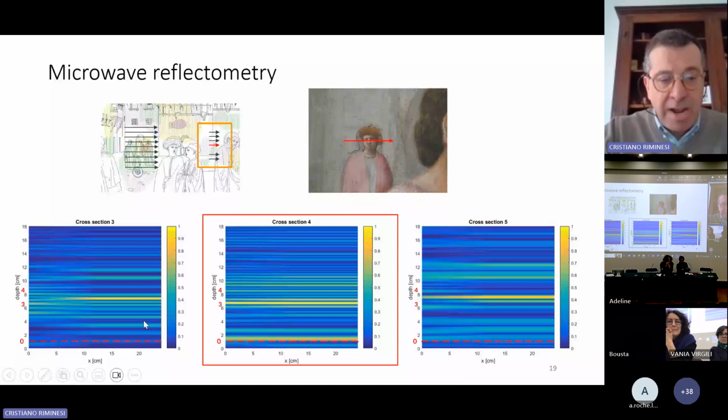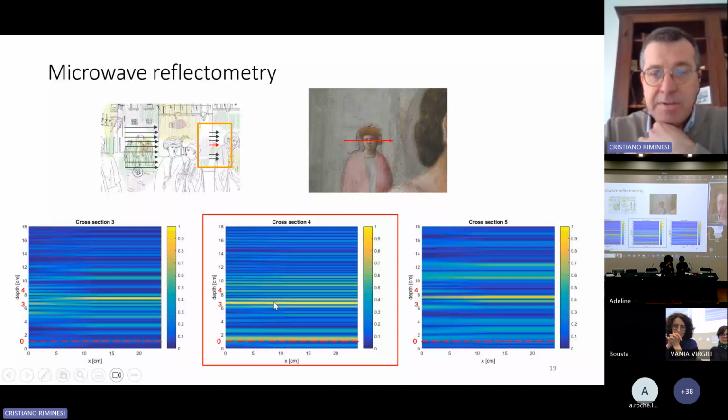At the zero line, we have the interface between air and the painted layer. And at 3 centimeters in depth, we have the discontinuity between the plaster and the masonry, maybe a brick.